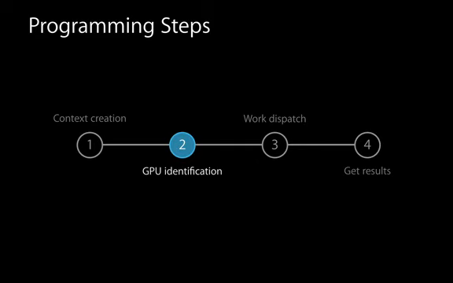And so that's important because if I'm doing a task, the results of which are going to be displayed on the screen, it might make sense for me to use the primary GPU first because it's directly connected to the display hardware. And then maybe if I have a task that isn't related to the GUI or isn't related to the display, I might want to always send that task to the secondary GPU.